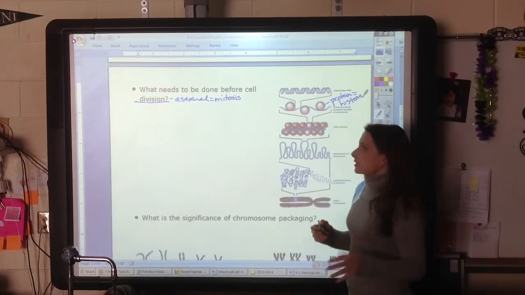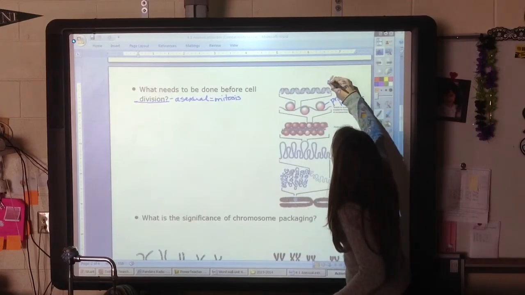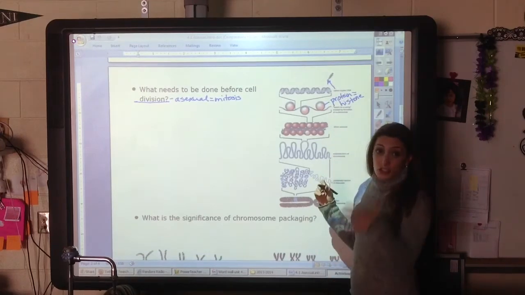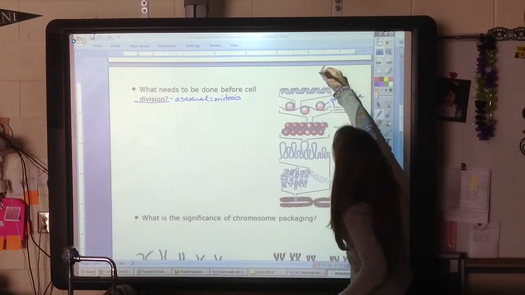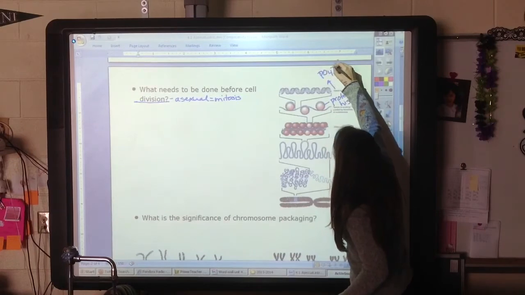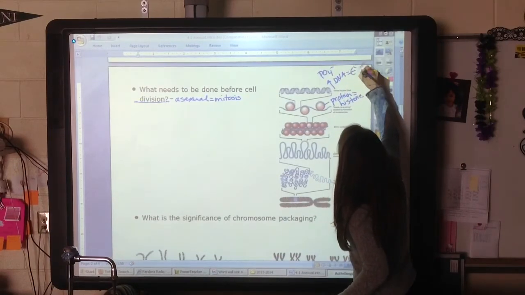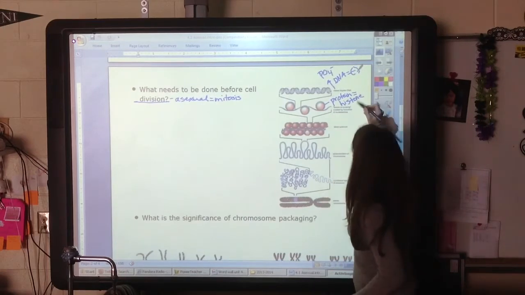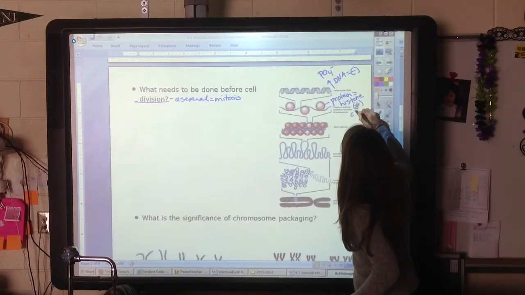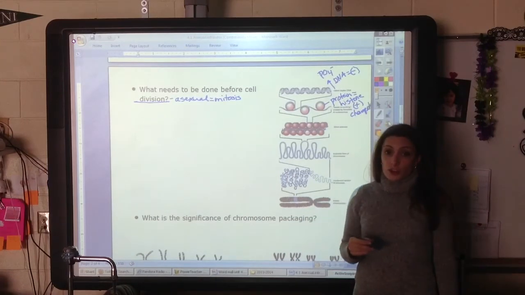Now we know a little something about DNA. We know that DNA has the sugar phosphate backbone. And if we have phosphates that are negatively charged, this actually makes DNA negatively charged. So these proteins are actually positively charged in order to attract the negatively charged DNA.